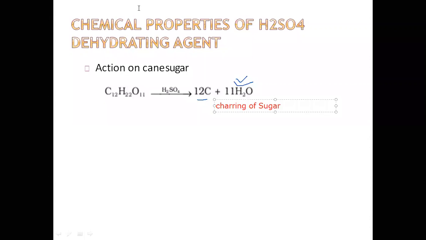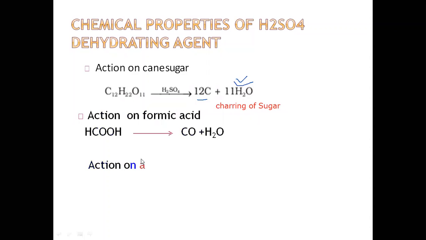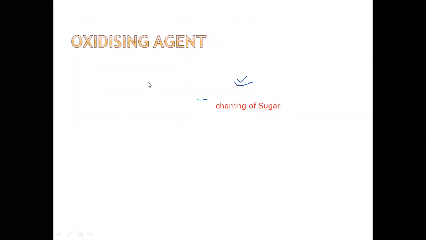If we look at other reactions, when it reacts with formic acid, it removes the water from it. When it reacts with alcohol, it gives ether, that is ROR', which has the ether functional group. One of the reactions is that.